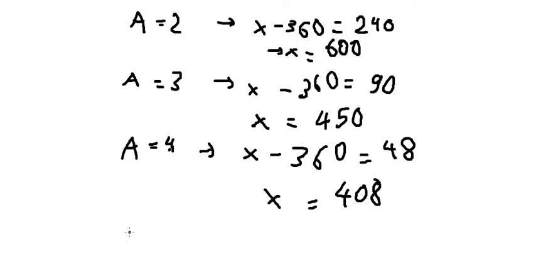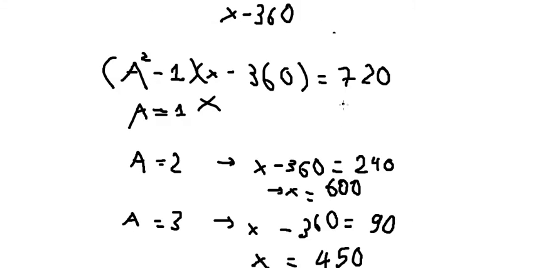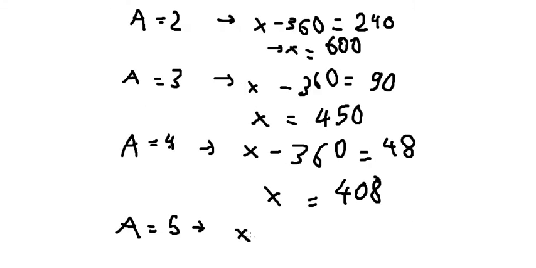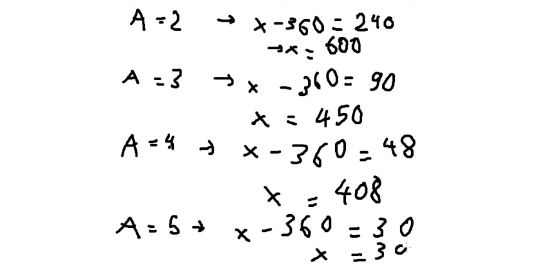Now let's go to a equals 5. That should be 24. And you get x minus 360 equals 30. So you get x equal to 390.